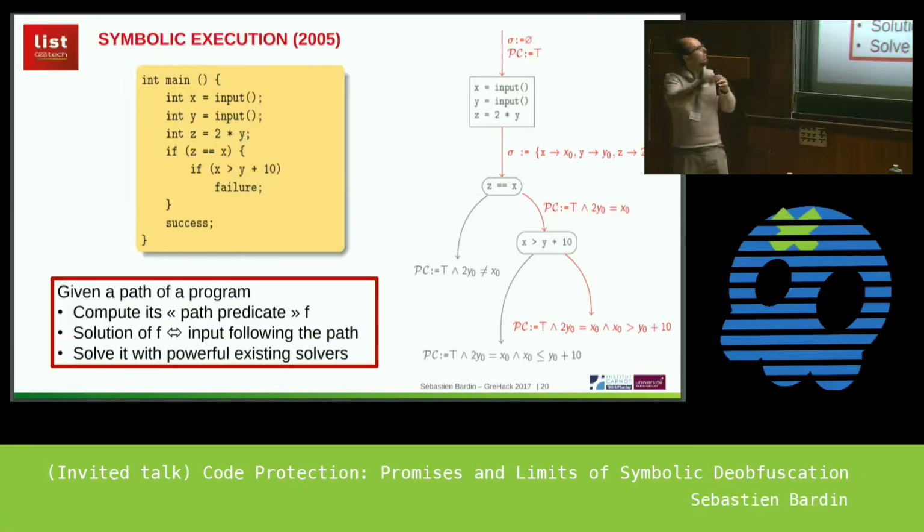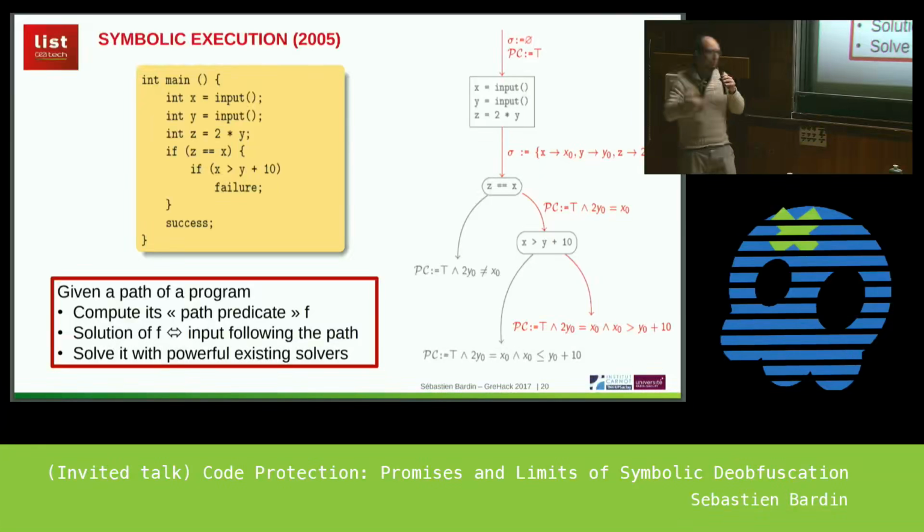Now it's very, very easy from that path to create what we call a path predicate, which is a formula over the inputs. Here the inputs are the values for x and for y. This formula really represents the condition on the inputs so that if you satisfy it, you just follow the path. So then, if we have a solution, we know that we follow the path. So here we reach failure.